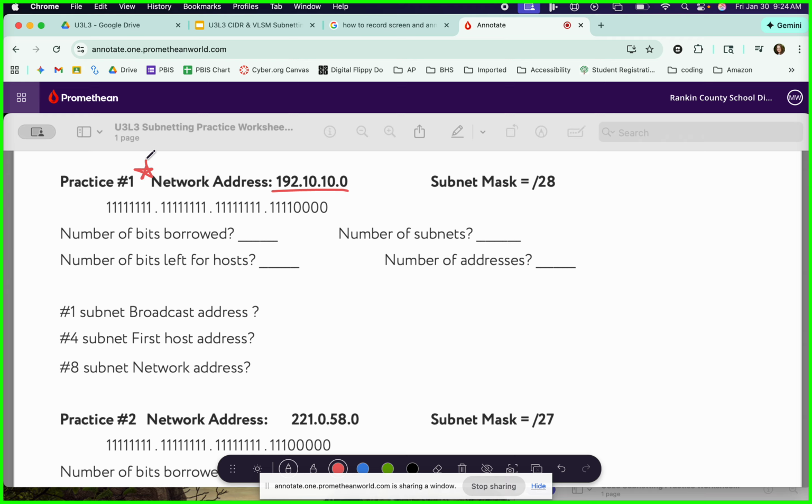So remember, /28 gives us a group size of 16. So we will be increasing, also /28 is in the CIDR. So we are working in the 4th octet where that 0 is, and we will be increasing by 16.